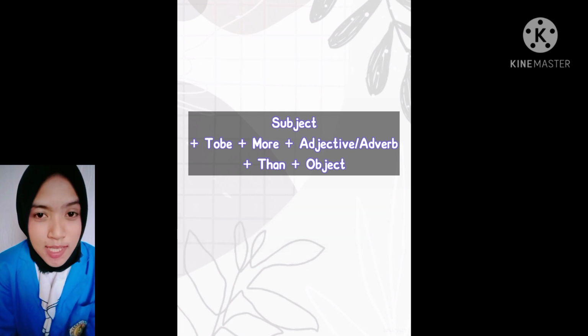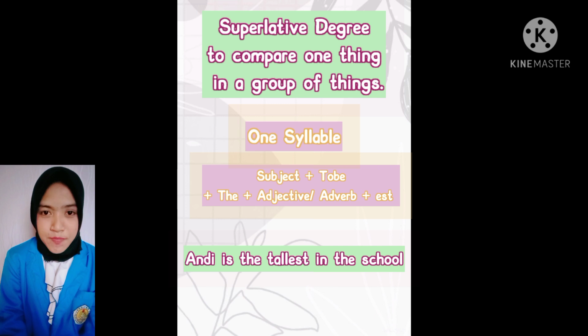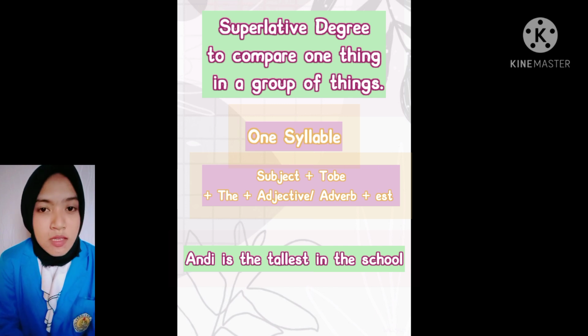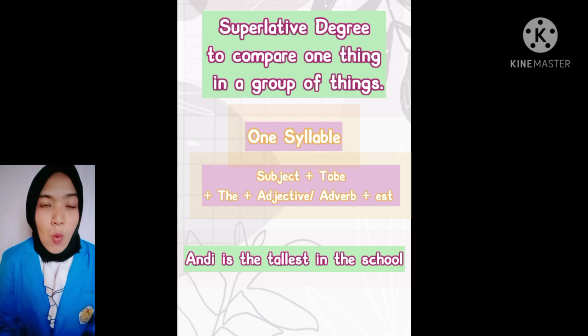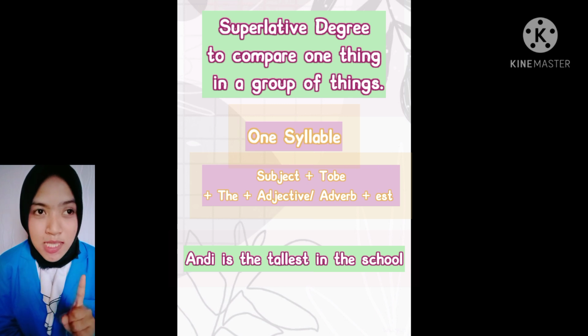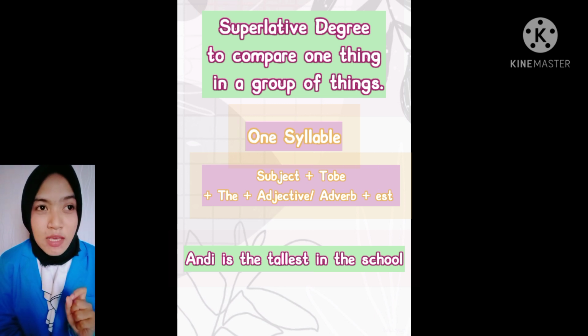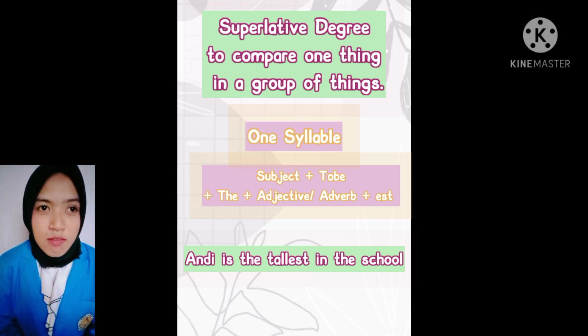Okay, next I will explain superlative degree. Superlative degree is to compare one thing to the other one, or it compare one thing with many. Okay, we can say with so many.